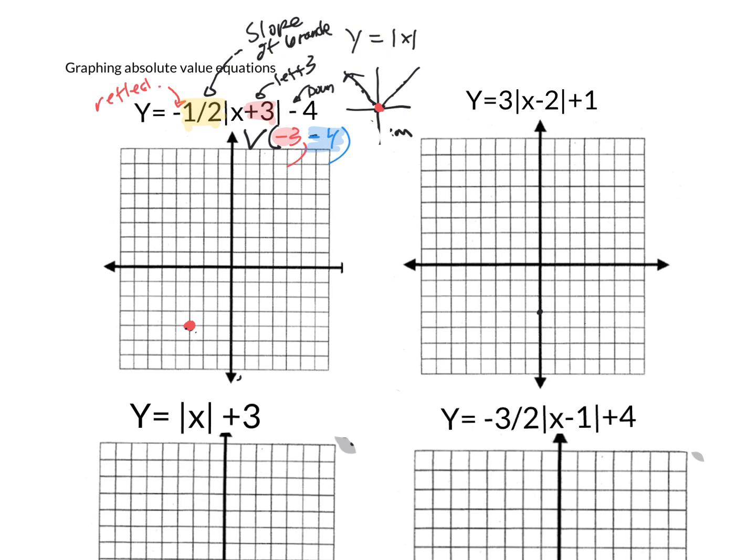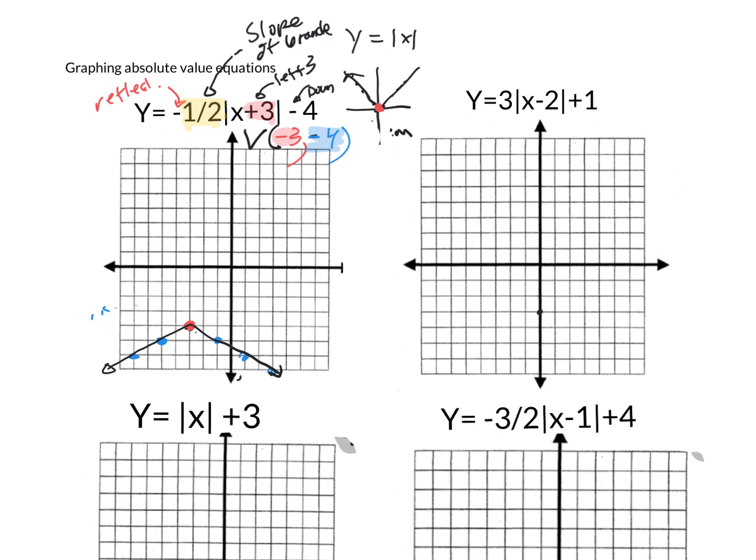So we are going to go down 1 and then over 2, down 1 over 2, because the vertical shrink is 1/2. That will give us one of the branches. Then we go back to the vertex and go down 1 over 2, down 1 over 2, and that gives us the other branch. So that's the shortcut for graphing that. It's like the slope.